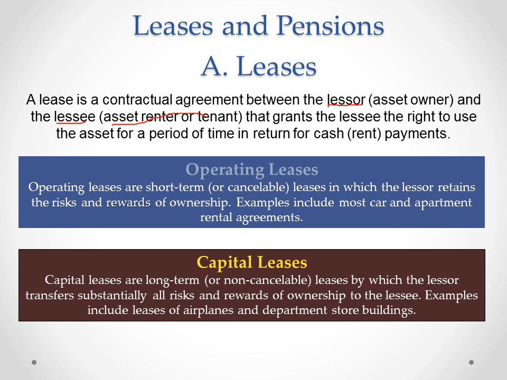In this case, the lessee will use this building to operate its business, and all the revenues as a result of renting this place will go to the lessee. As well, if anything happens involving risk, the lessee will bear this risk. So this is the second type, the capital lease.